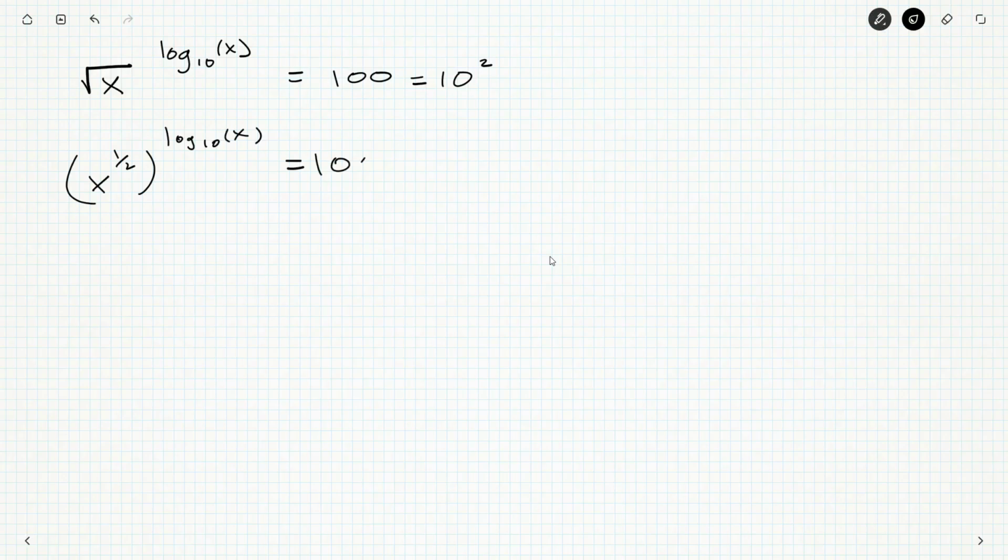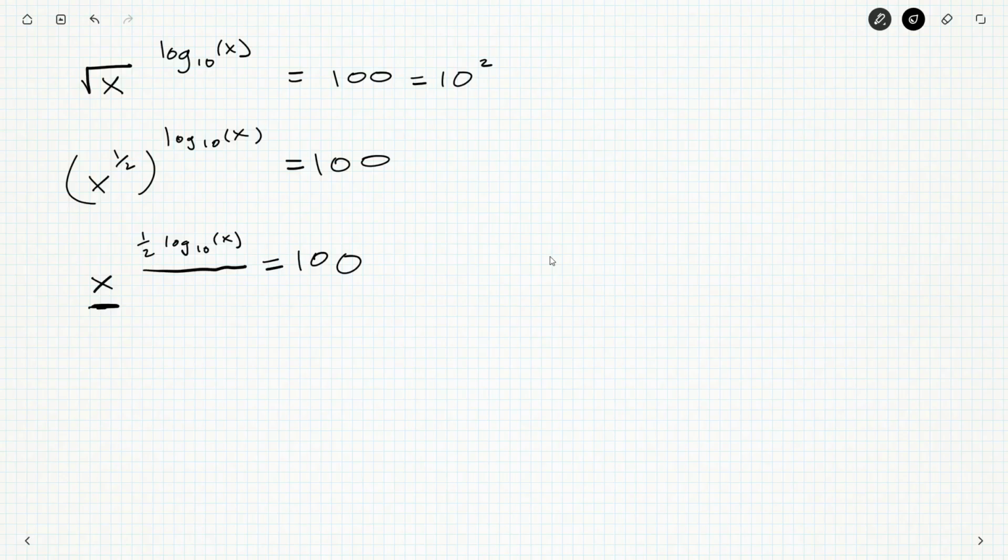And that's going to be equal to 100. And then the half could come out. We could have a half. And we've got that going on there. What else could we do? So the problem is we got this x as this base here, and I can't even begin to approach the log that's in the exponent.